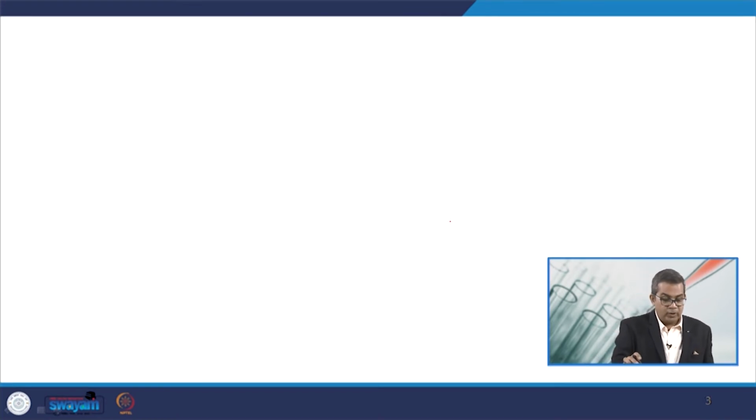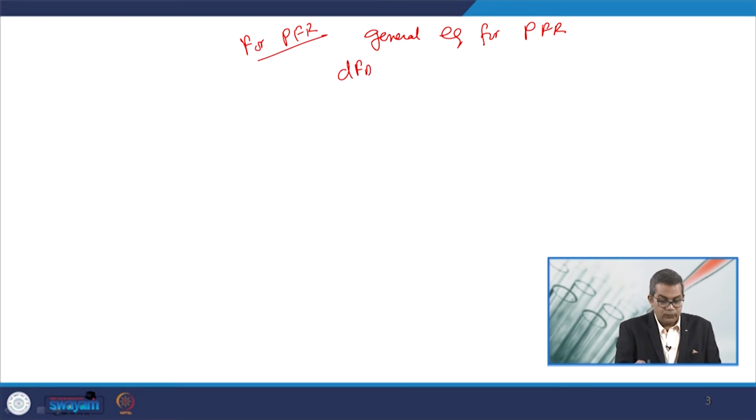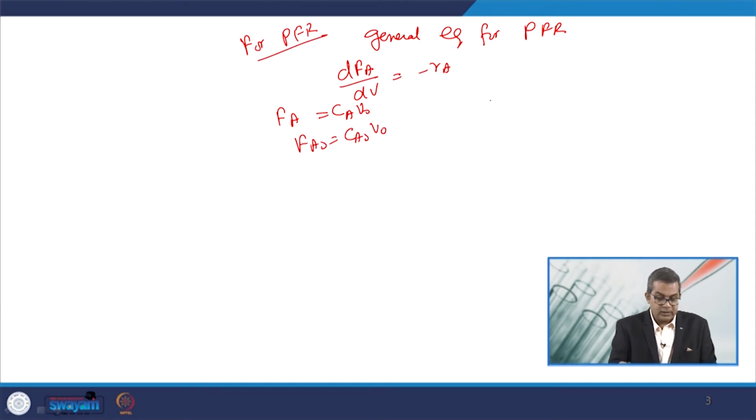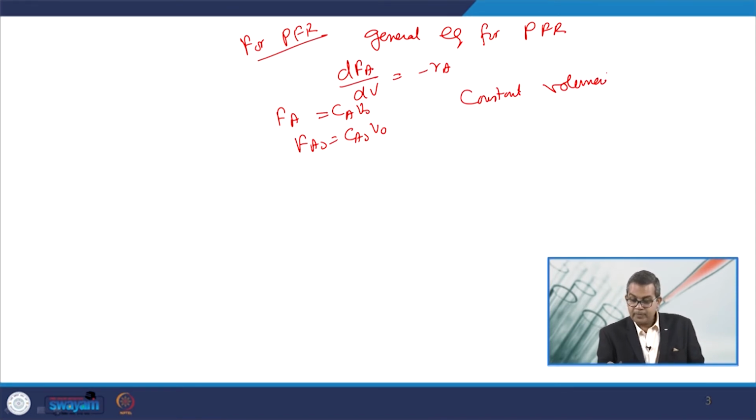Now if we talk about the PFR, the general equation for PFR is dFa upon dV is equal to minus Ra. We can write Fa is equal to Ca V naught, or Fa naught is equal to Ca naught V naught, with the constant volumetric flow rate, V is equal to V naught.